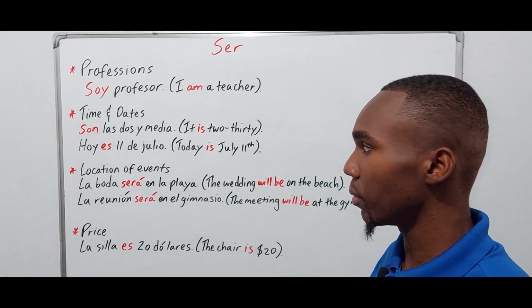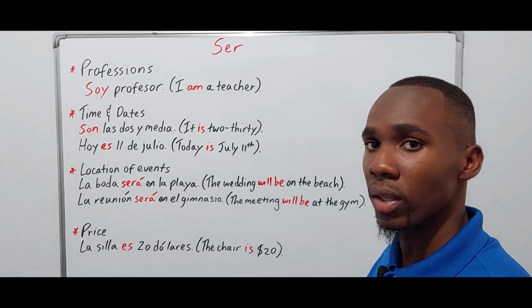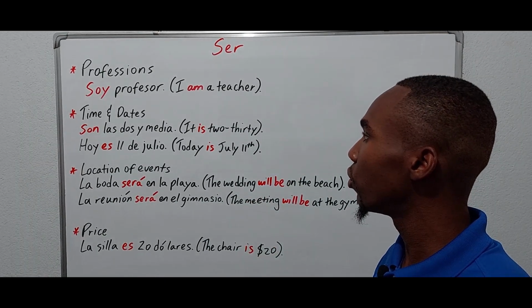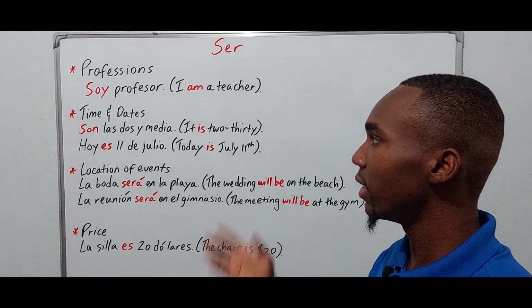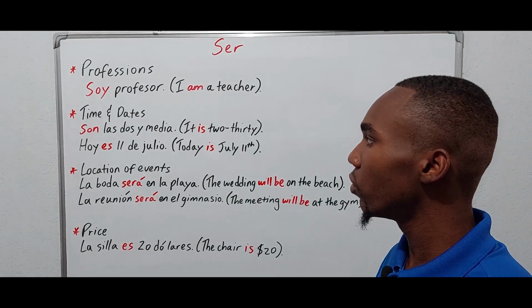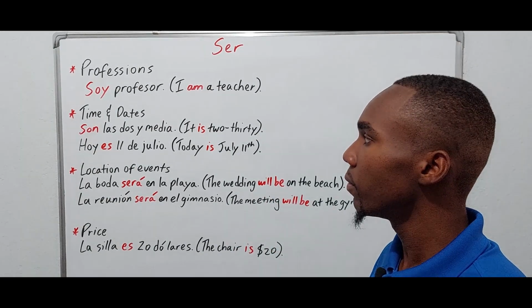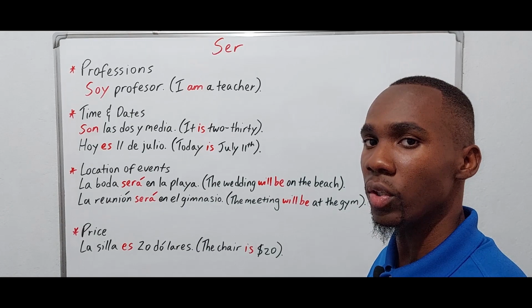So this is an example. Time, we use ser with time. So son las 2:30, it is 2:30, all right? And dates, hoy es 11 de julio, today is July 11th. So time and dates, we use ser.